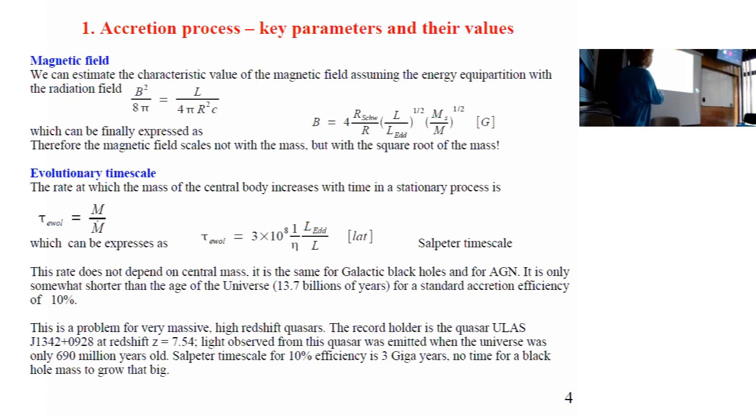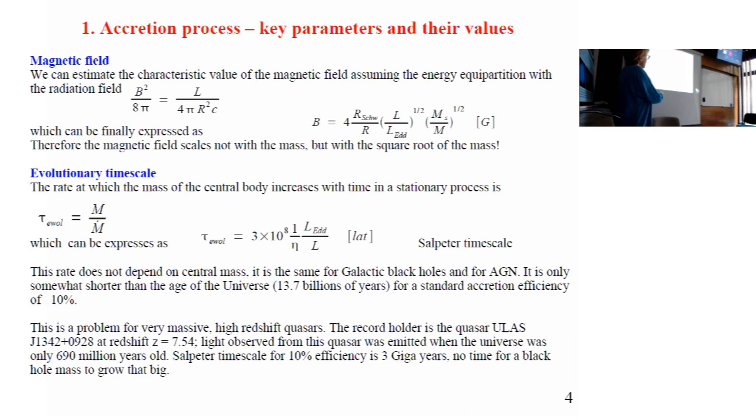You get again something, in Polish. Sorry, you will learn Polish as a result of this lecture. That means years: 3 times 10 to 8 years, and here is efficiency. So if the efficiency is 10%, this is actually 3 gigayears. It is a very long time scale. It is, by the way, called the Salpeter time scale.